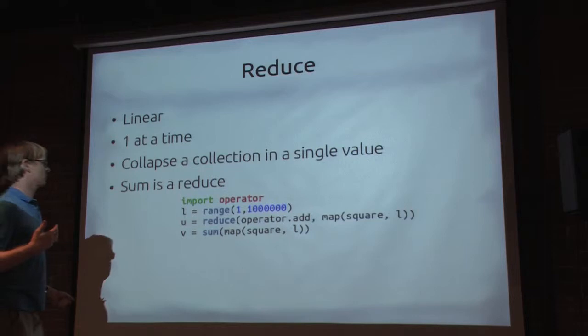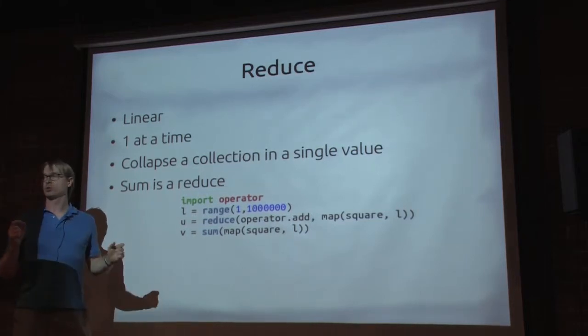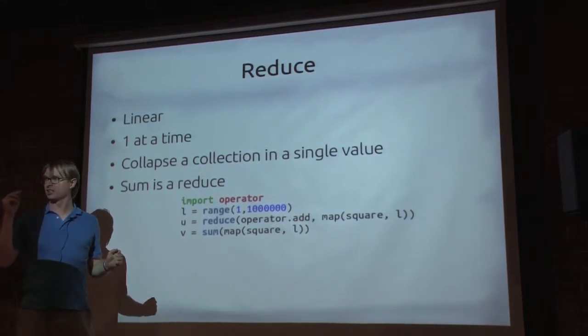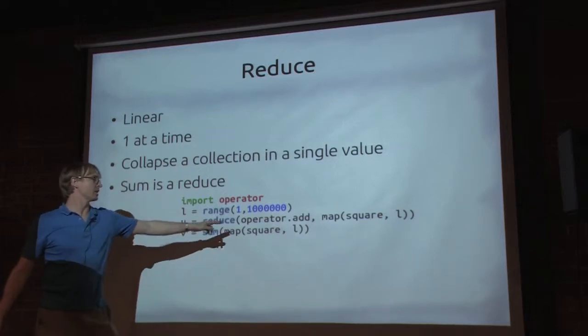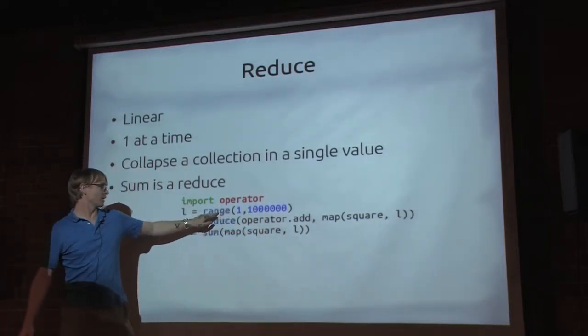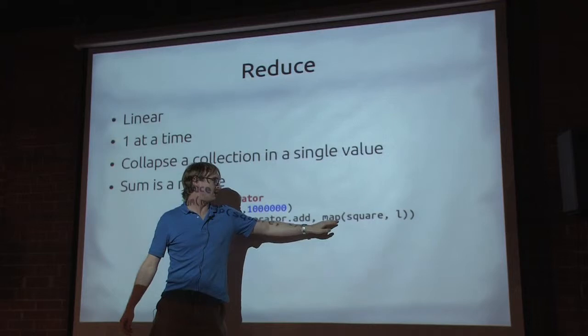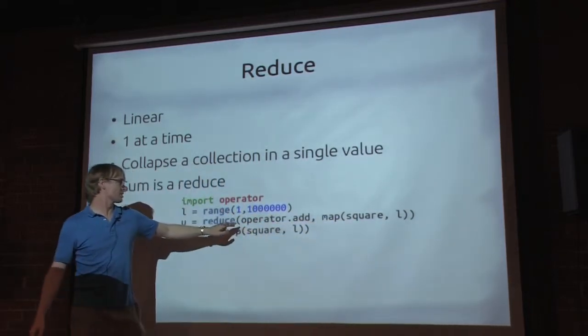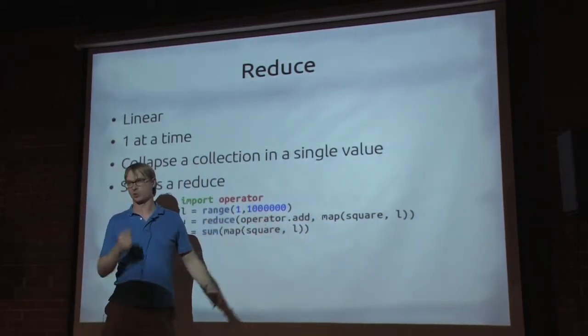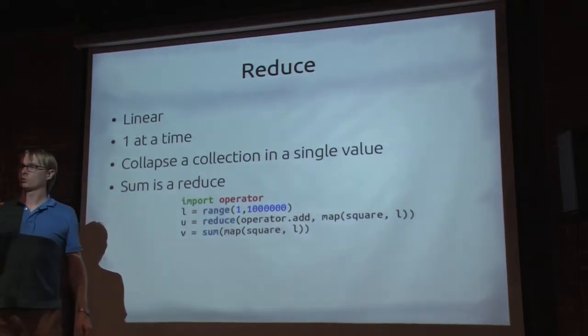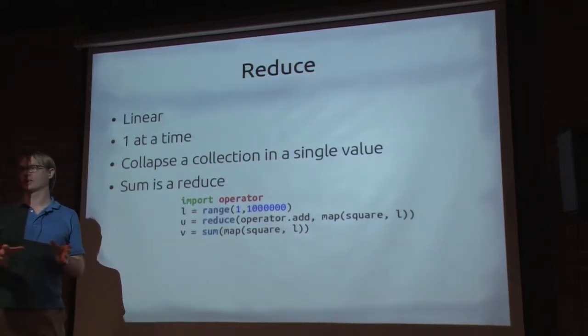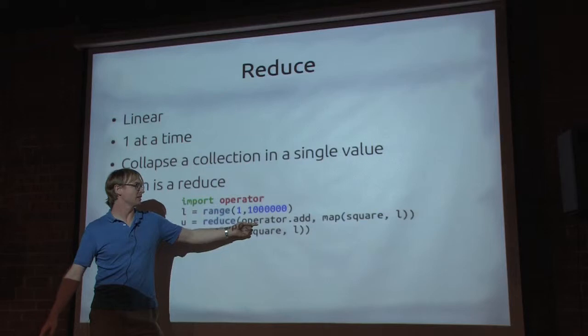Another useful thing to know about is reduce. Reduce takes a function that takes 2 arguments and calls it across a list. So here we've got operator add, we've got a range, and we'll produce a list of squares, and what we'll do is we'll produce a sum of squares. Reduce reduces a list into one value via this function, and it repeatedly applies it.